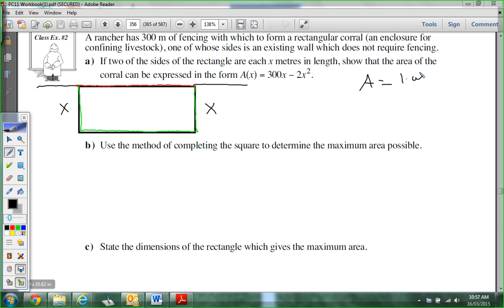Yeah, we have 300 fencing, and we have two sides of x that we would not count for this side, so it would be 300 minus 2x. That's how you'd represent that side. Does that make sense? Because it's the total fencing minus the two sides you know to get the third side. So 300 minus 2x gives me that missing side. So the area is 300 minus 2x times x, length times width. And that's how we get this answer here.